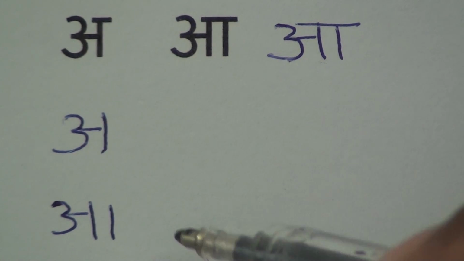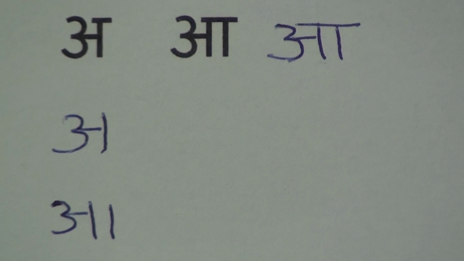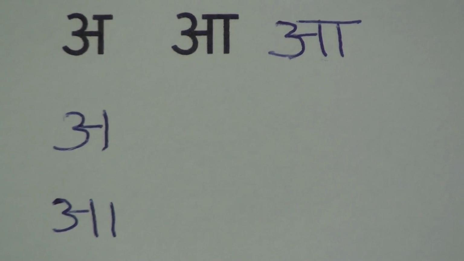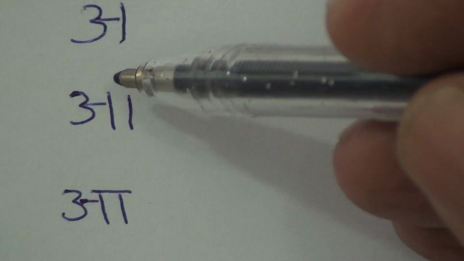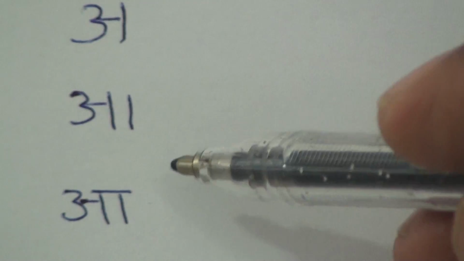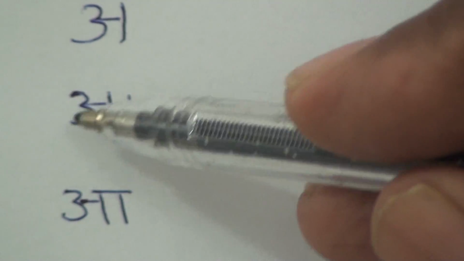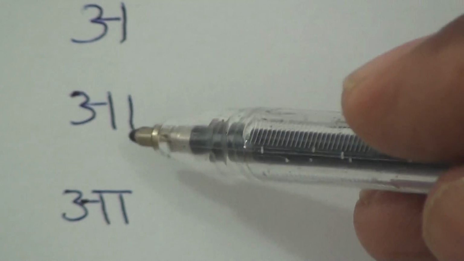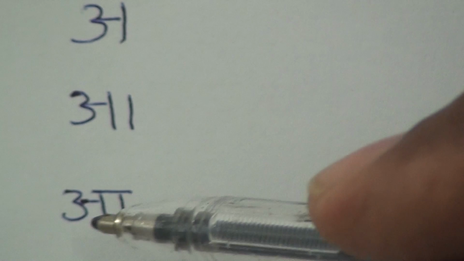Now this is A. And now we put a line here. First to second, third, and fourth. This is Aa.